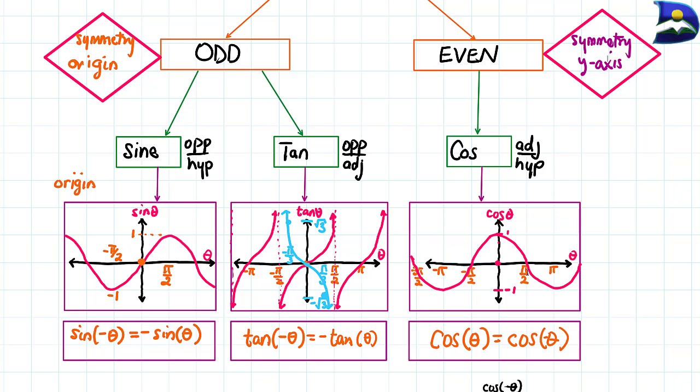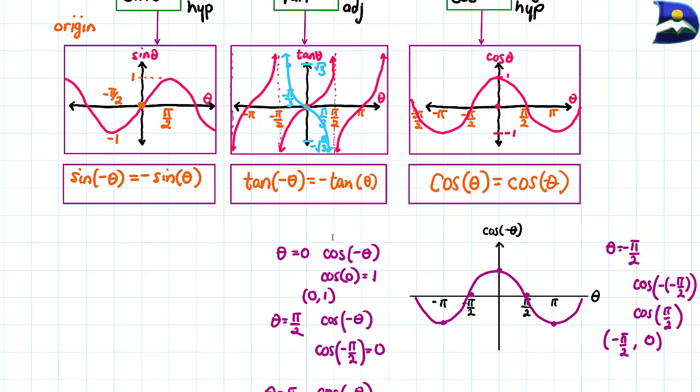Let's take, for example, a specific angle that we want to check, pi over 3. When you do the cos of negative pi over 3, it will give you the same value as when you perform cos of pi over 3, which is measured to be 1/2.